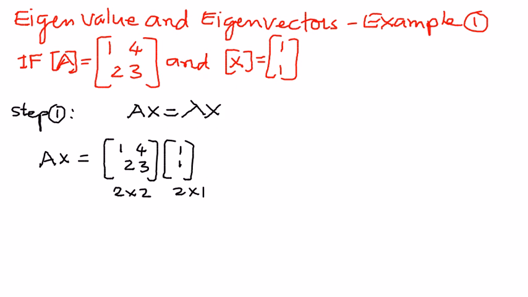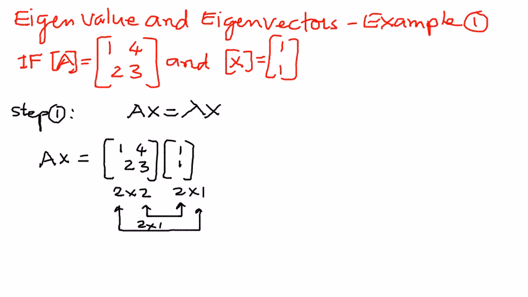We have 2 rows and 1 column, and as long as the columns are equal to the rows, we can then say the final matrix is going to be a 2 by 1 matrix. We have seen that in my matrix presentation videos.